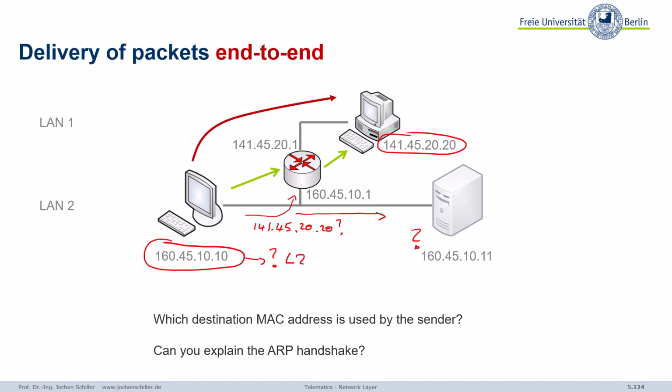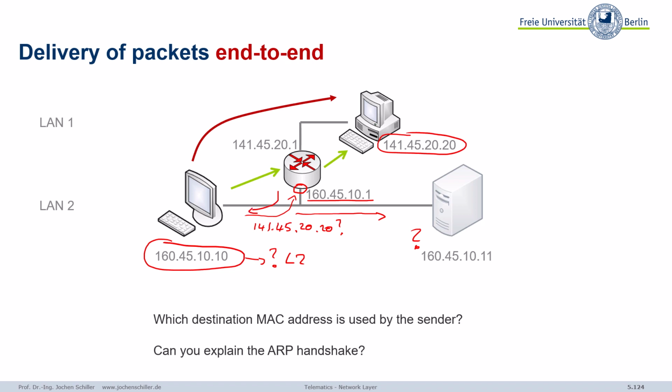But then we have a router. The router, as we learned, has an IP address that matches the local area network here, the subnet. And now it's a special situation. For all packets with a destination outside the local area network, like in this example, the router will answer.